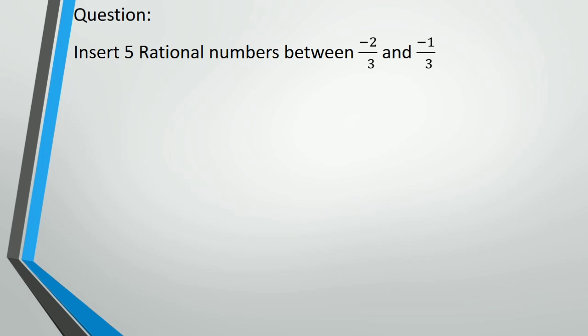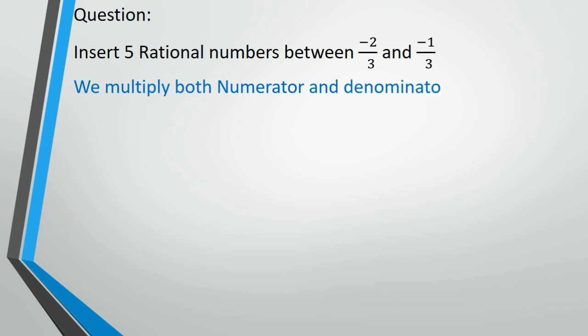Here we have two rational numbers, minus 2 by 3 and minus 1 by 3, and they have equal denominators, and we can see the numerators are close to each other. The numerators, which are integers, are close to each other. We cannot directly find any rational numbers between them.